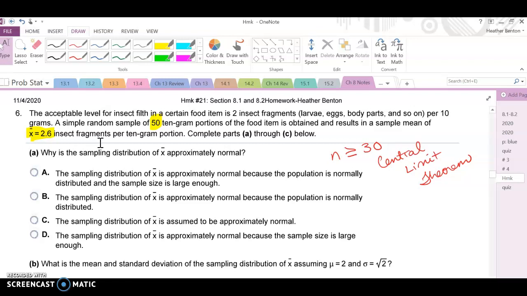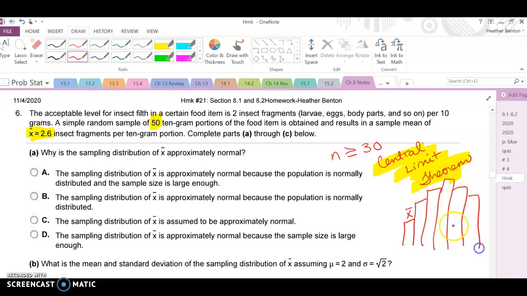All right, so the first question is, why is the sampling distribution of X bar approximately normal? It is approximately normal because of the good old central limit theorem. It says that if we were to get enough of those X bars and graph a distribution of them, they would be approximately normally distributed.